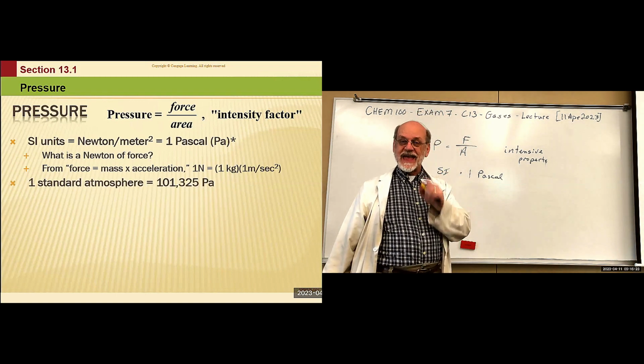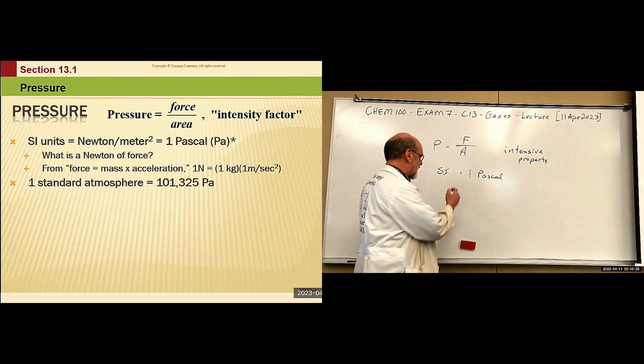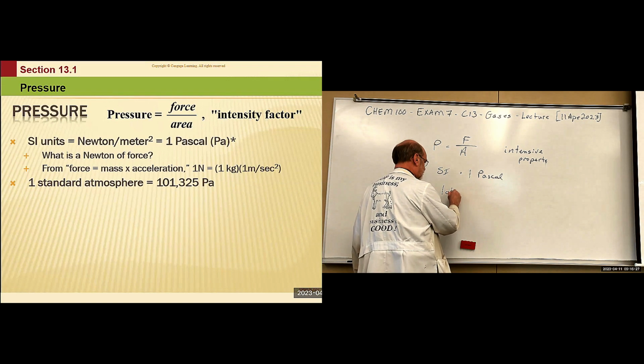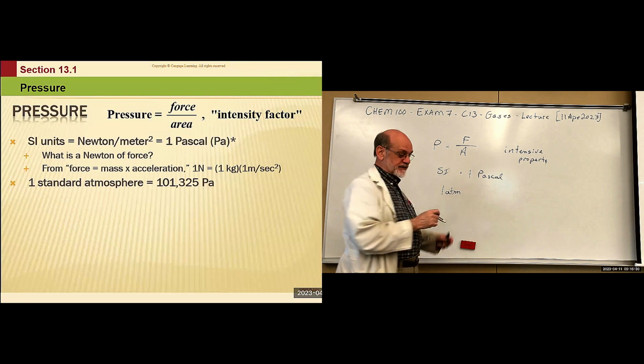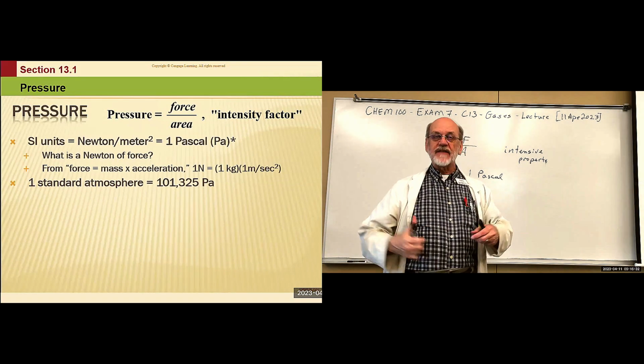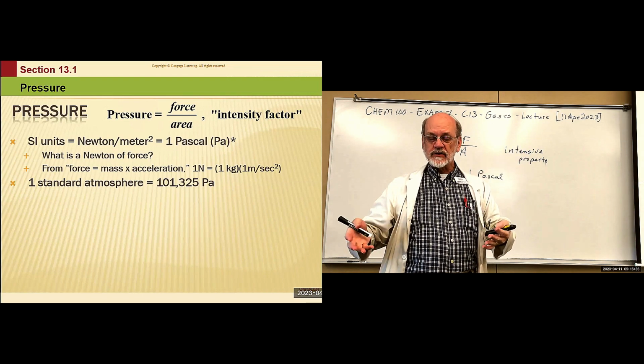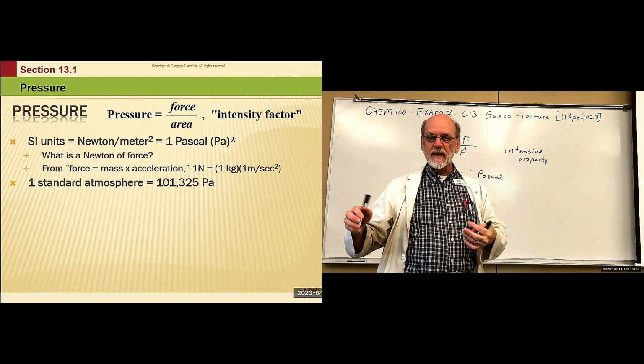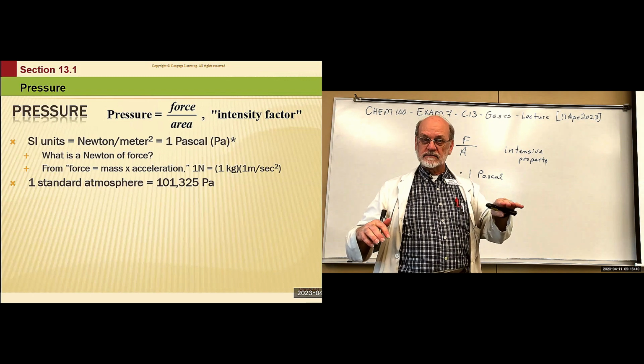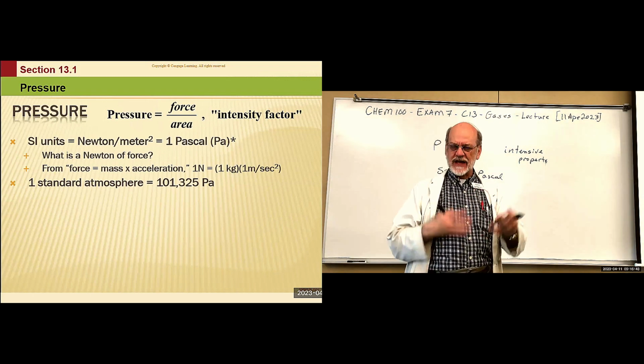And that would be the atmosphere. 1 atmosphere is simply the pressure that the air exerts at standard temperature, which would be 0 degrees, and sea level. Right? And that's been standardized.